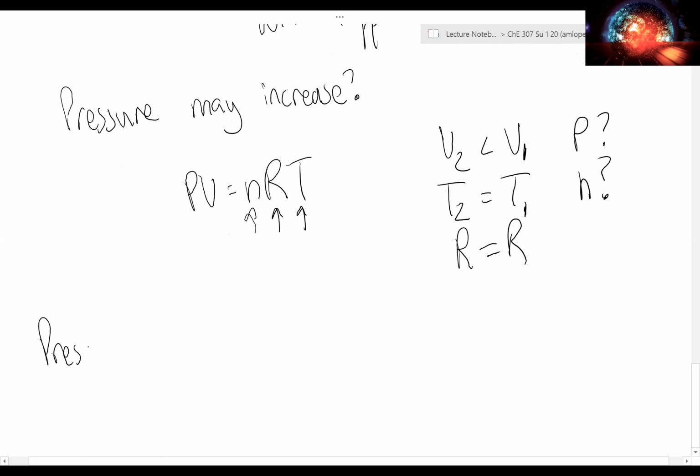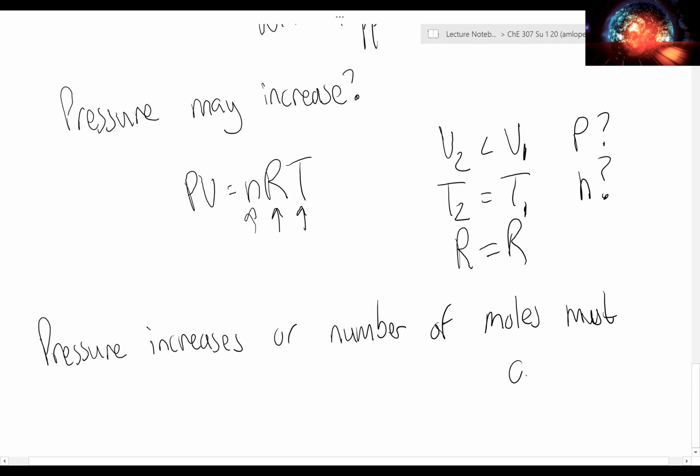Either the pressure has to increase to compensate, or the number of moles must decrease. So which one?